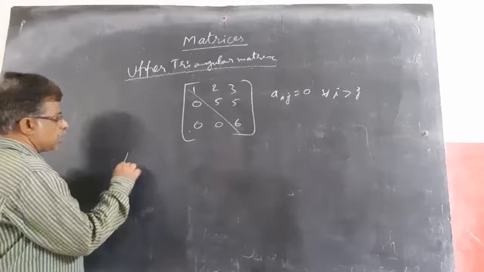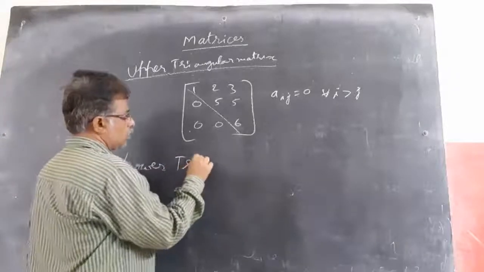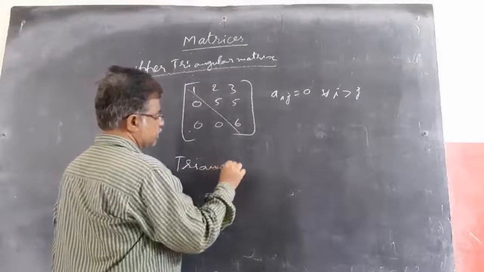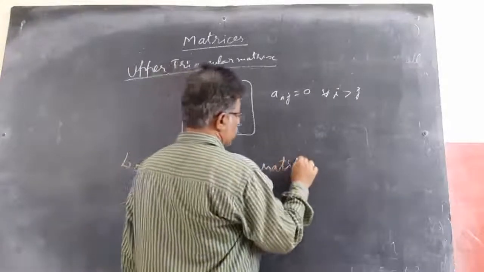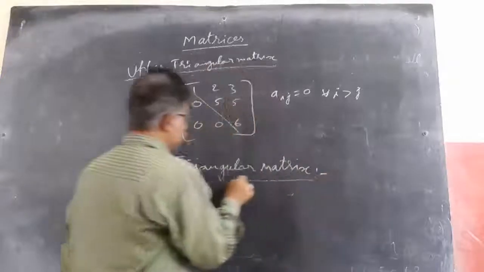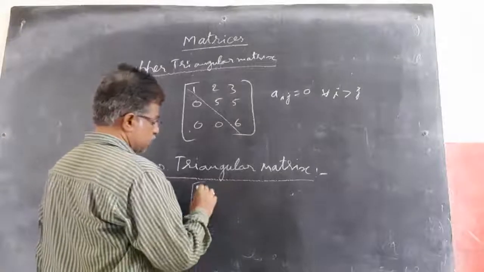Next, lower triangular matrix. What is a lower triangular matrix? All the elements above the principal diagonal are zeros.